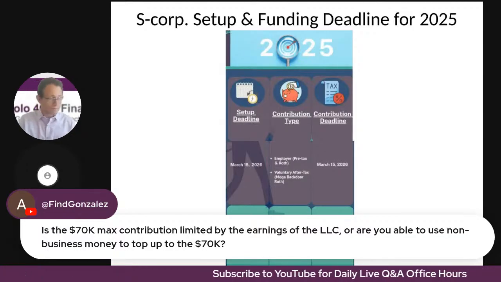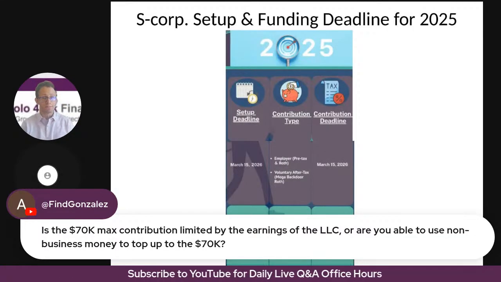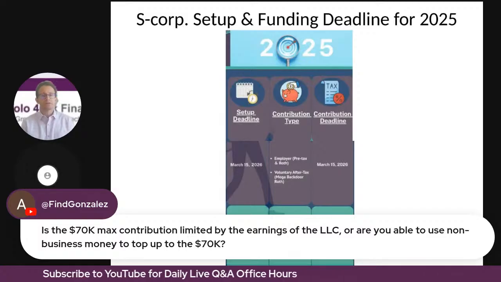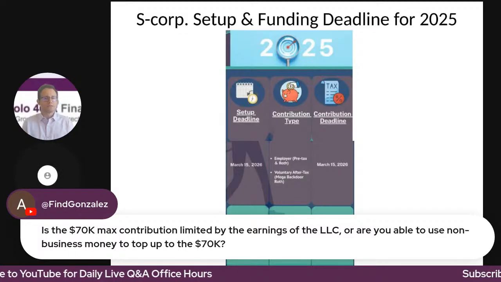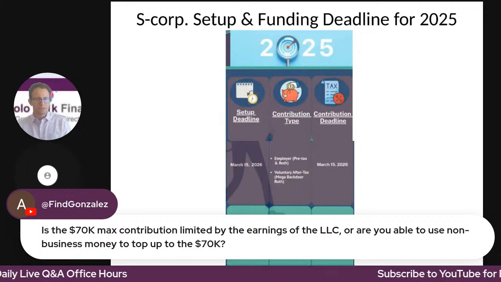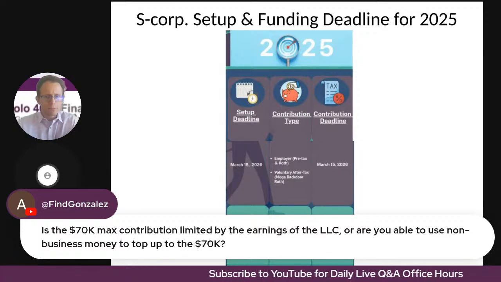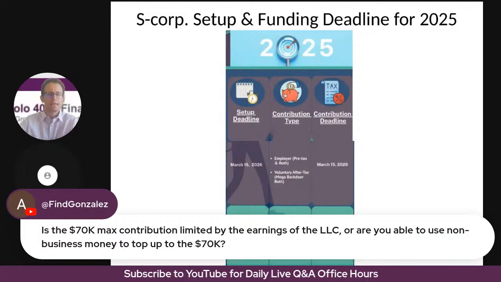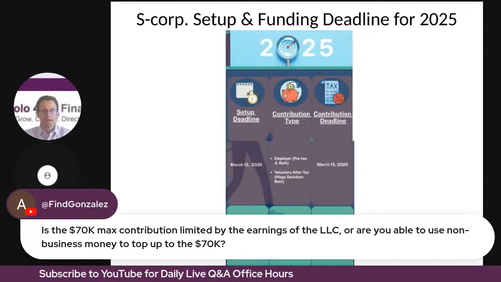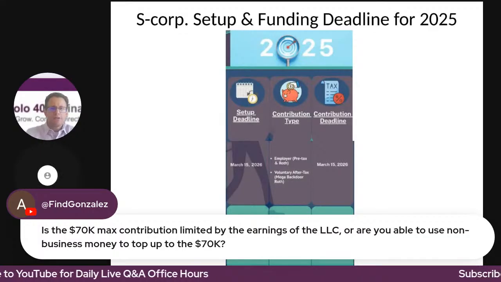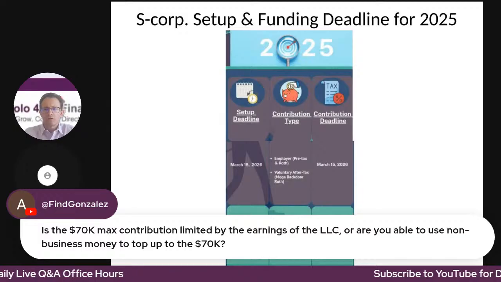If you don't have enough net self-employment income to justify the contribution, then you cannot contribute above the amount that you have available up to the overall limit of $70,000. So bottom line is that it takes earned income from self-employment activity in order to be able to contribute to the solo 401k.